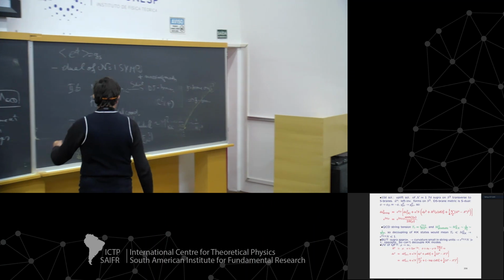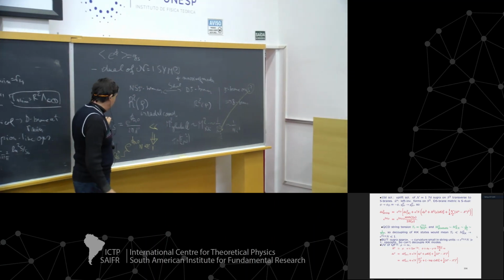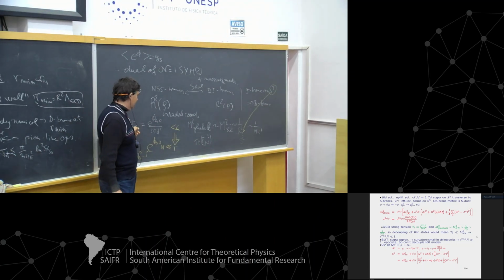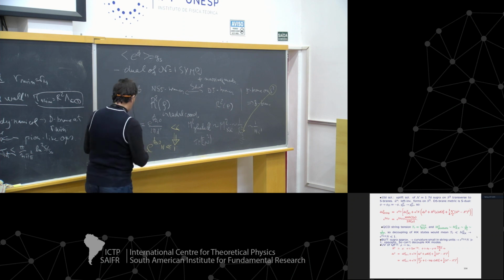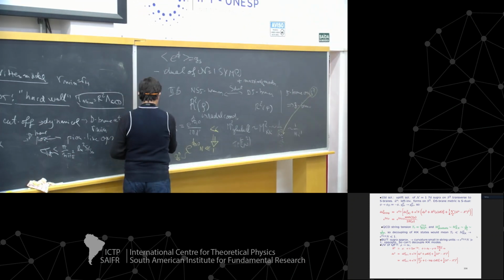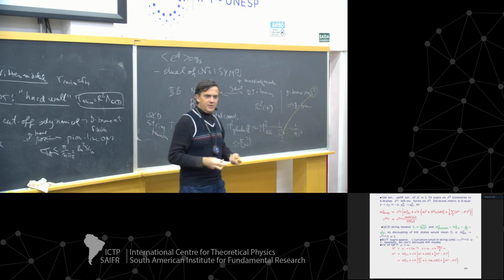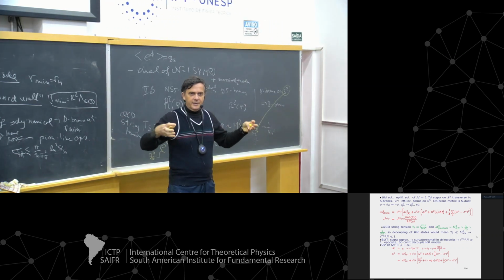So in other words, physically, what does it mean? It means that this is a string tension, a QCD string tension. So the QCD string tension is energy per unit length for the QCD flux tube, right?